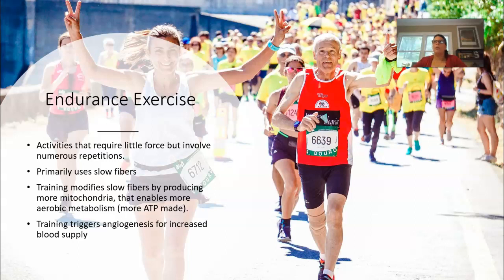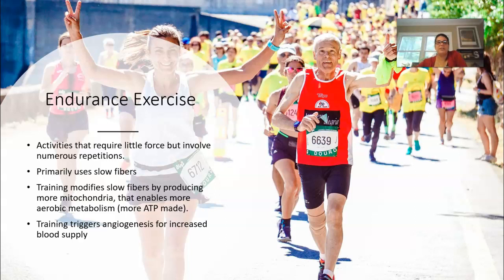This is one reason why you may have heard stories of Olympic sprinters who think as they get older they'll become marathon runners, thinking that if I'm a world-class Olympic sprinter, I can be a world-class Olympic marathon runner. But the reason why they aren't typically successful is in part genetics and how many of these SO, FO, and FG fibers they normally have, which gives them a genetic advantage for certain types of exercises.